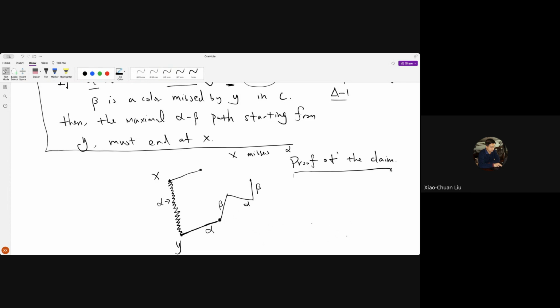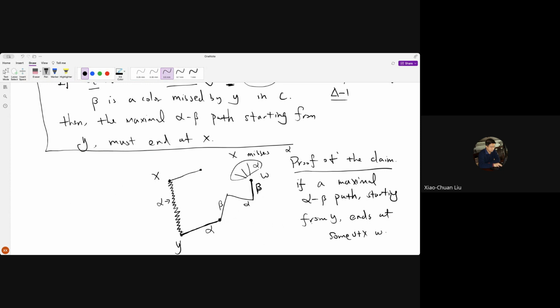So you see, if some maximal alpha beta path starting from y ends at some vertex w, it ends there, meaning that if, for example, I stop here with the color beta, then among all other edges there is no alpha.